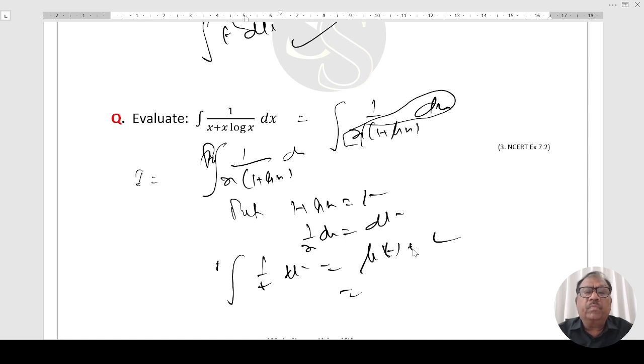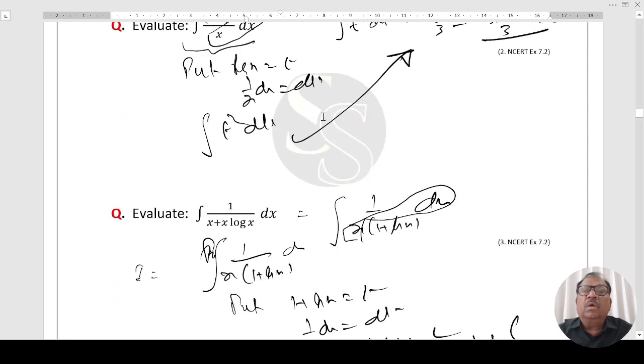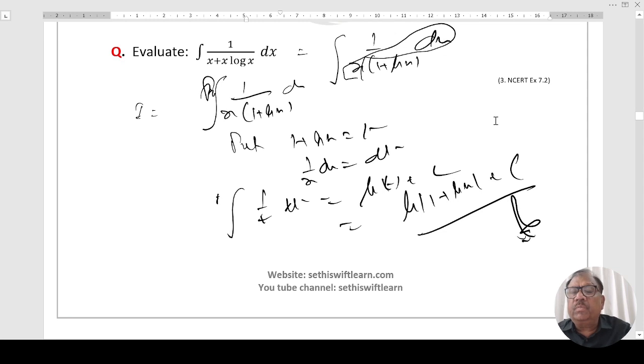Back substitution gives log of 1 plus log x plus c. This is the answer. We have discussed 3 questions in this one. All are taken from exercise 7.2. Next question.